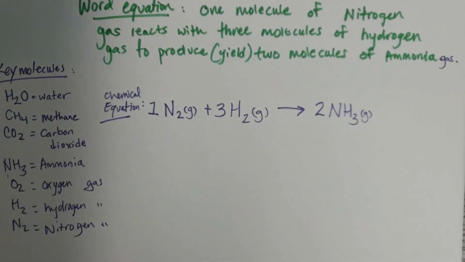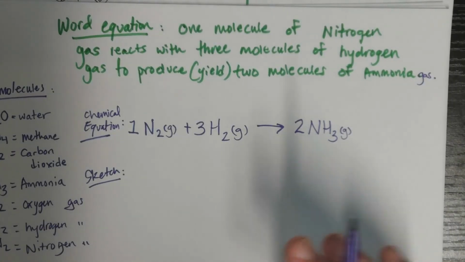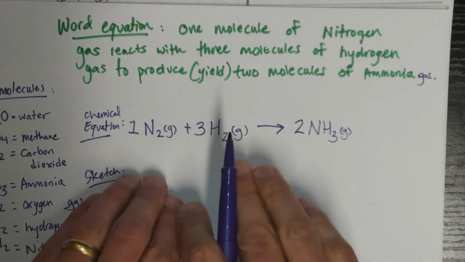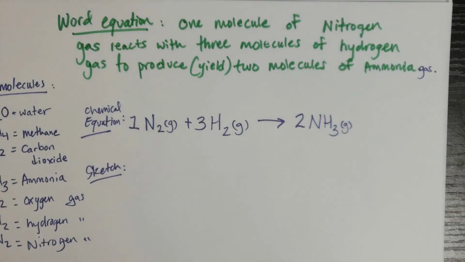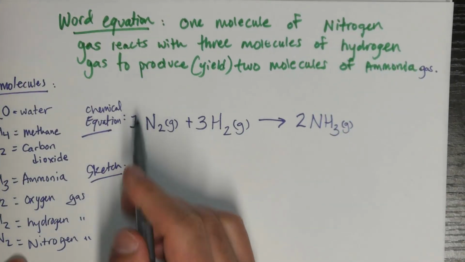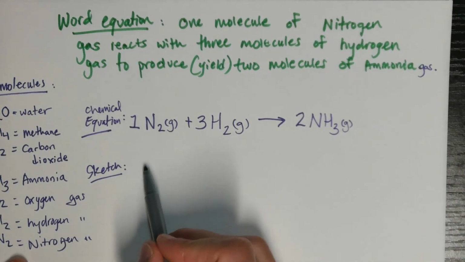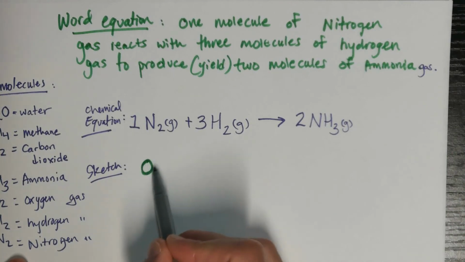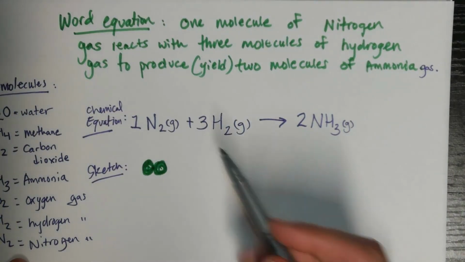Now we're going to go ahead and do the sketch. In the sketch, our job is to represent exactly what happened in this chemical reaction using some pictures. So for nitrogen, I'm going to use green. And when I draw the nitrogen gas molecule, I'm going to do 2 green spheres connected together because this is a molecule that's bonded.